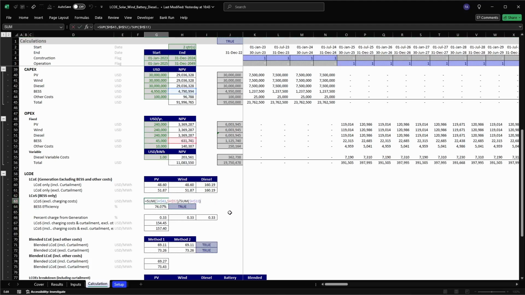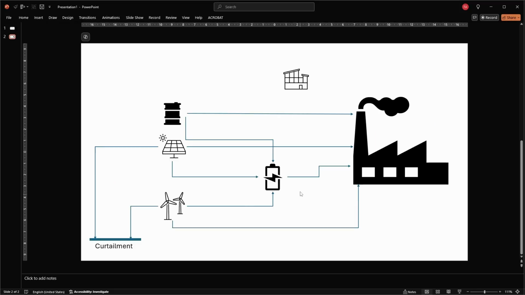And the first thing I do here is to calculate the LCOS for the capex and opex excluding charge costs, okay? So let's think here. Every single battery has basically three main components to calculate the LCOS, or the levelized cost of storage. We have the capex, the opex, and another thing that we always have to consider is the cost for charging the battery.